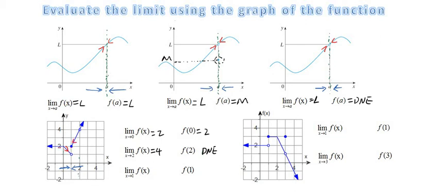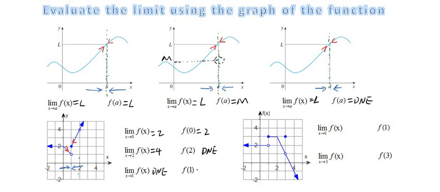So the curve approaches different points from different directions. That means this limit doesn't exist, because if x approaches 2 different points from different directions, the limit doesn't exist.